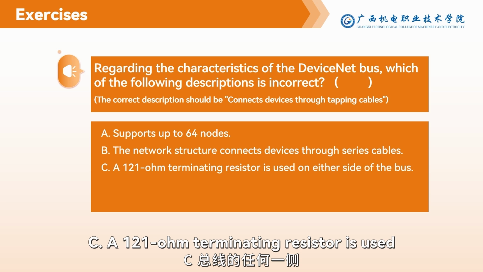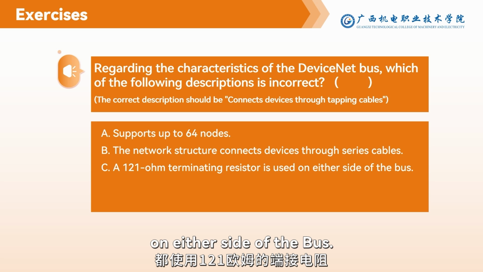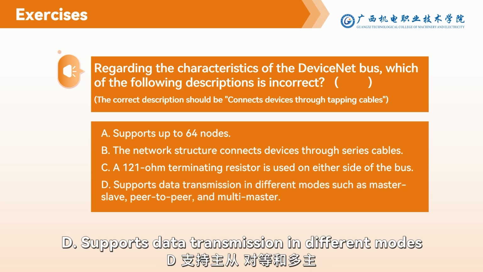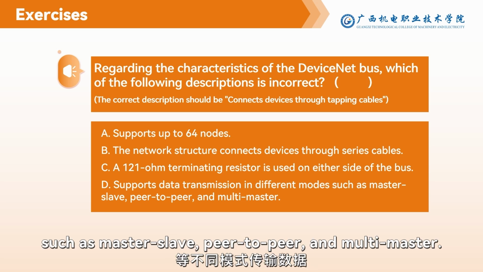C. A 121 ohm terminating resistor is used on either side of the bus. D. Supports data transmissions in different nodes, such as master-slave, peer-to-peer, and multi-master.